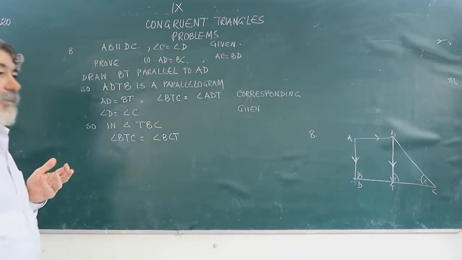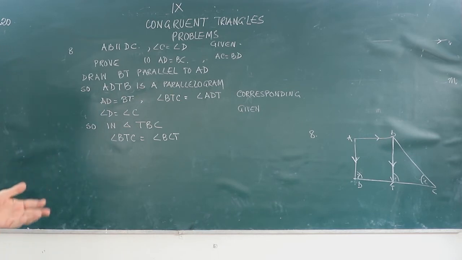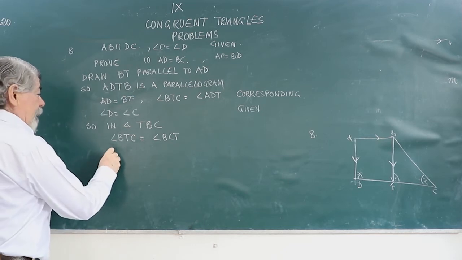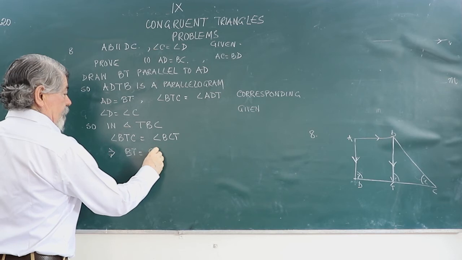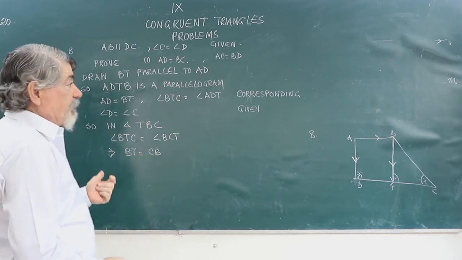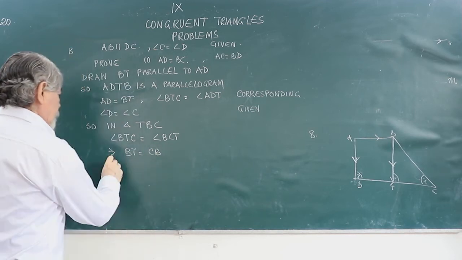And if the two angles of a triangle are equal, then the sides opposite to them are also equal. That will imply BT is equal to CB. But BT is equal to AD.